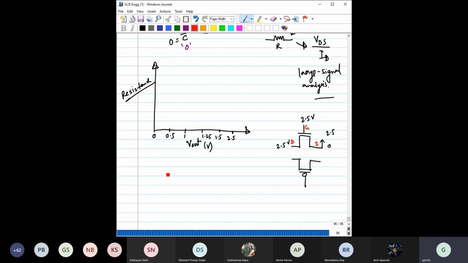Okay. So can you write then what is R on for this NMOS? That would be equal to this VDS by ID sat, right? VDS means basically, see here, one side it is always VDD, the other side it is V out.